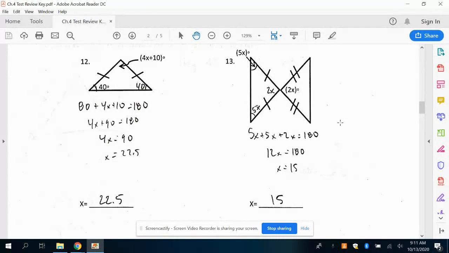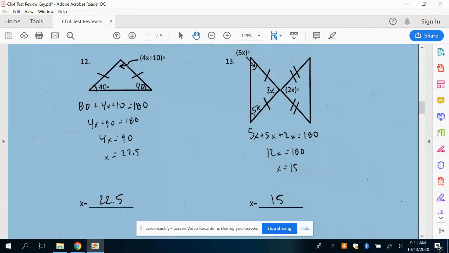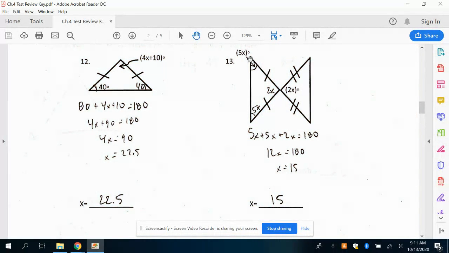13, you have this 5x here, and both of these triangles are their own separate isosceles triangles. But really, you only need this one right here. So for this one, you have vertical angles, so you can get the 2x here.